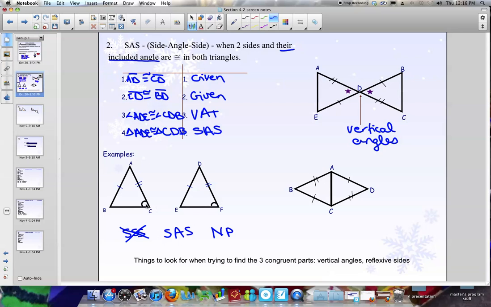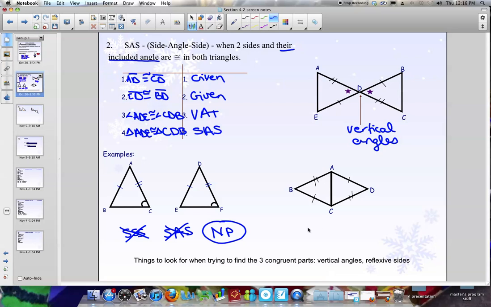Is my angle in between my two sides? Is it the included angle? The answer to that is no. The included angle would be A and D. So since it's not included, it's not side angle side. Therefore, in this case, I would say it's not possible to show that the two triangles are congruent.